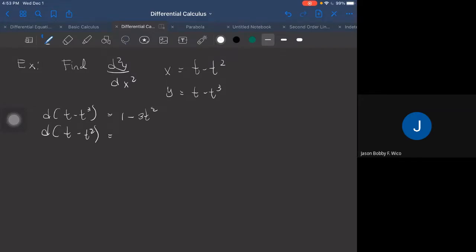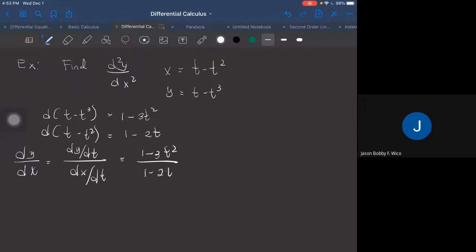That's just equal to 1 minus 2t. So from the formula, the first derivative of this parametric equation is equal to dy dt divided by dx dt, so that we write 1 minus 3t squared divided by 1 minus 2t.